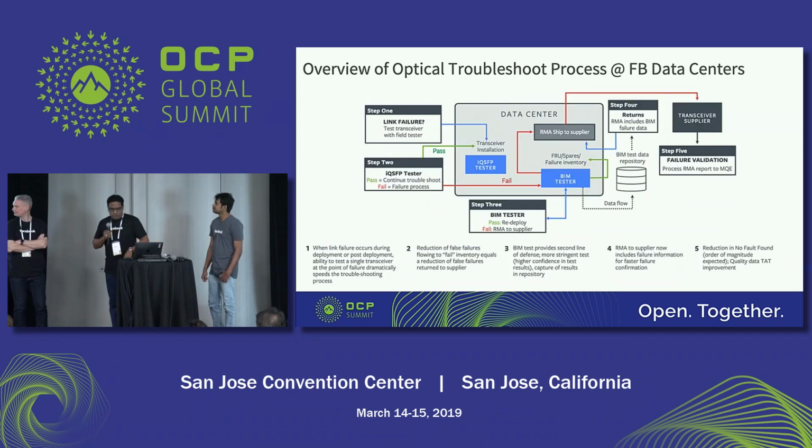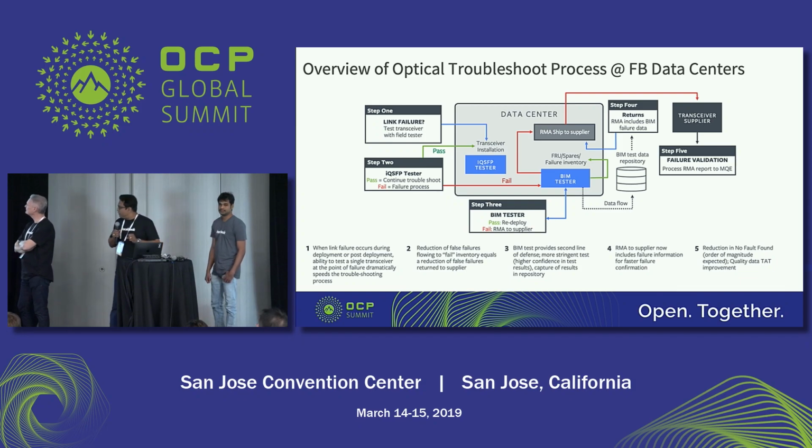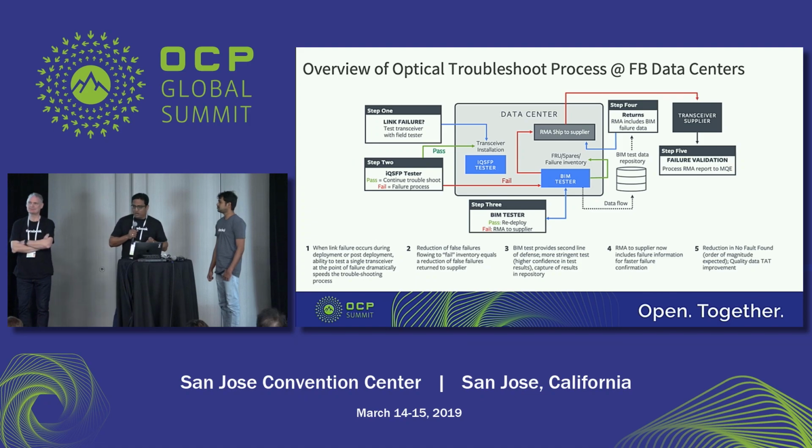Let me give you some overview of how we are doing the troubleshooting process at our data center. If you see on the left-hand side, there is one blue block. It's saying IQSAP tester, which we will talk about soon after this presentation. And the BIM is 4 switches together. We are doing all 128 ports, and we are troubleshooting.